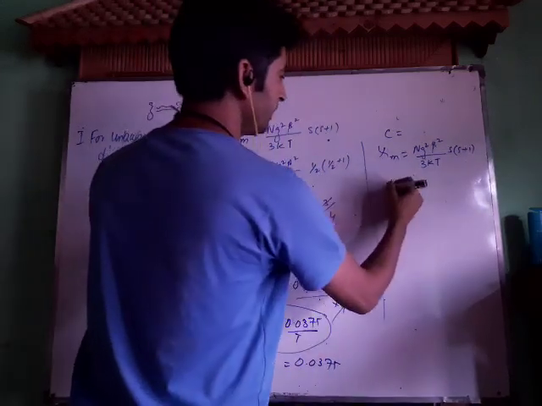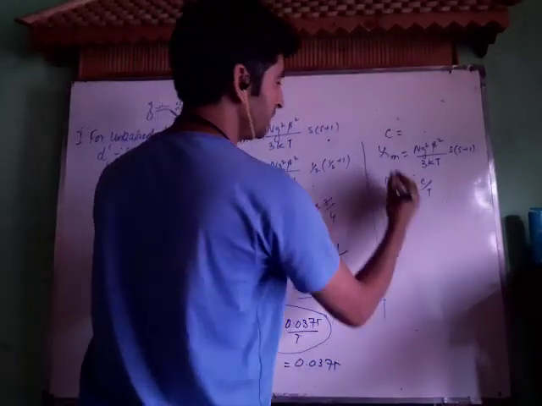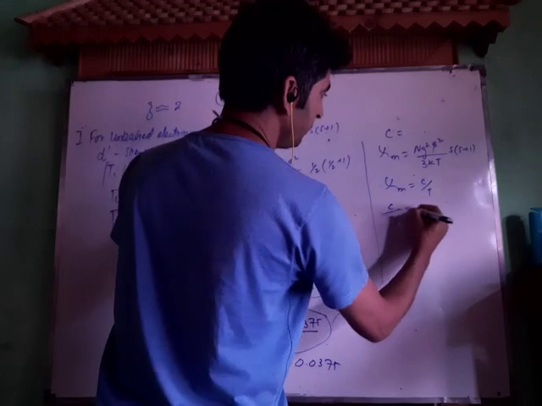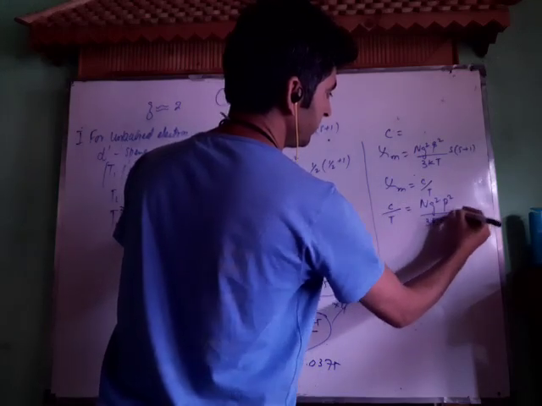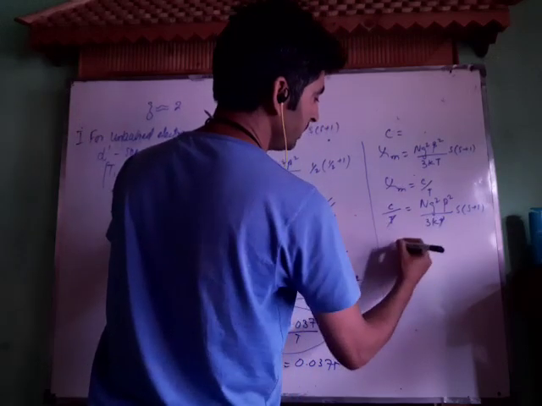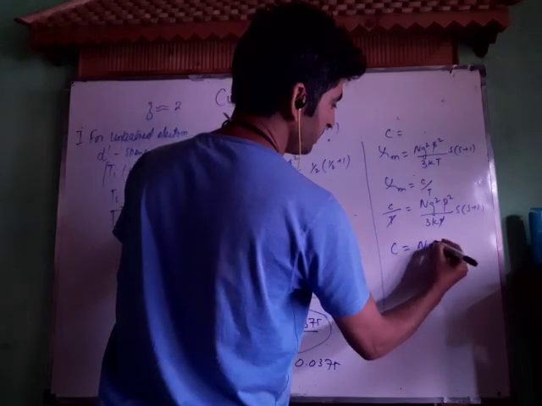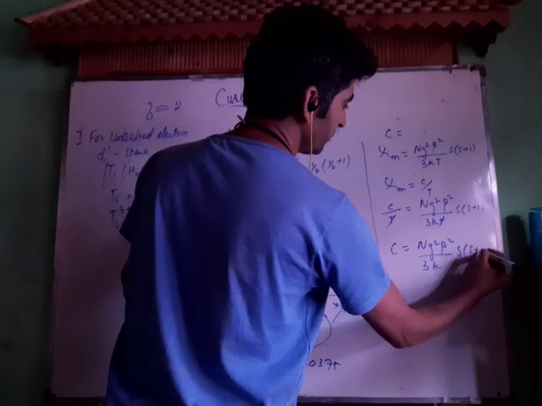We also know that chi-m is equal to C by T. Relating these two equations, C by T will be equal to N g² β² divided by 3KT, S into S plus 1. Now T and T will go, therefore C will be equal to N g² β² divided by 3K, S into S plus 1.